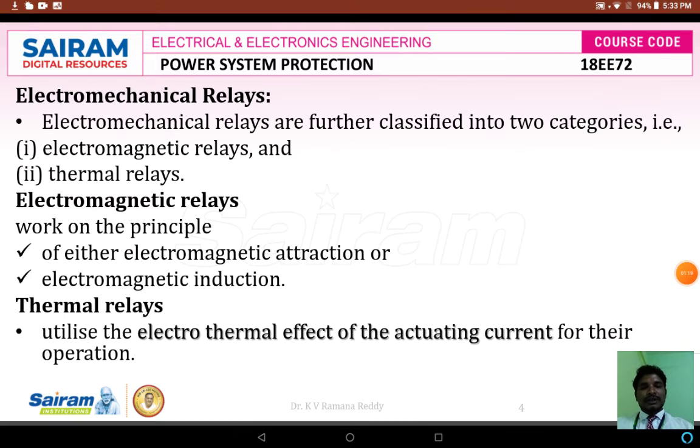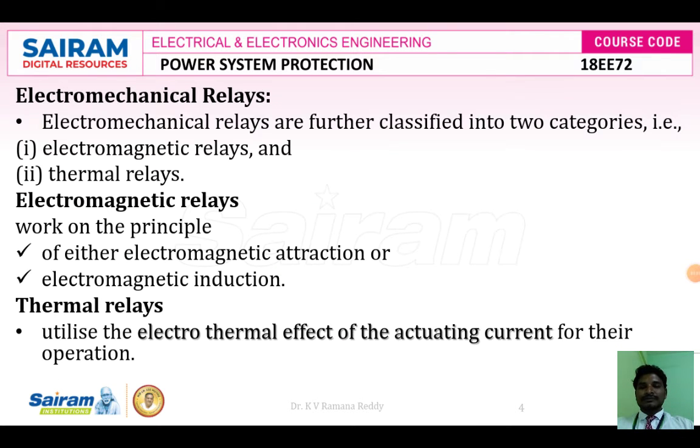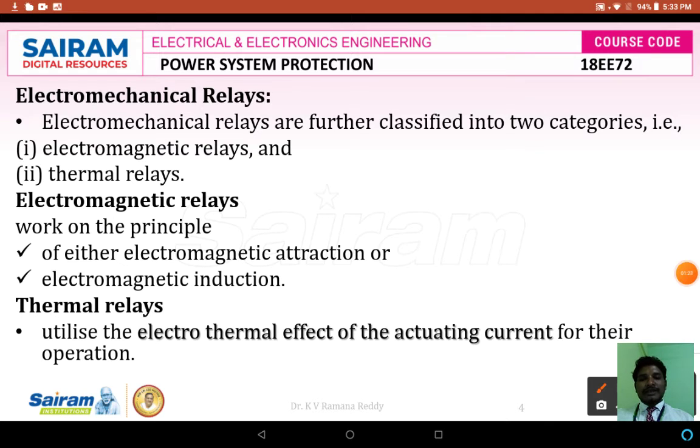Let us discuss the first type of relays, that is electromechanical relays. Electromechanical relays are further classified into 2 categories: electromagnetic relays and thermal relays. Electromagnetic relays work on the principle of either electromagnetic attraction or electromagnetic induction.